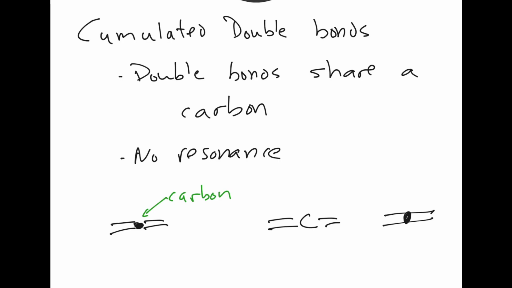But the way resonance works is the orbitals that the electrons are in have to line up. When you look at an accumulated double bond, if you remember a double bond, you've got your sigma bond, your single bond, and then you have your two p orbitals, and your p orbitals have to overlap.